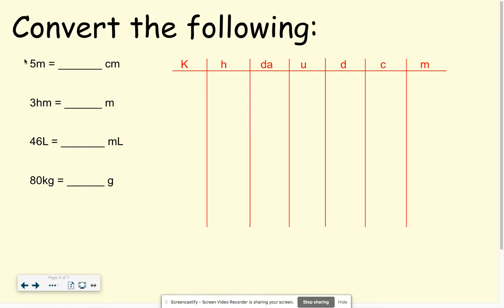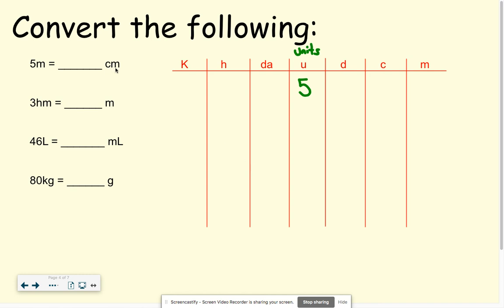Now, the very first part says 5 meters. Now remember, that is not this one right here, because this one is not meters. Meters is one of our units. It does not have another word with it. So we are going to put a 5 right in the units box.